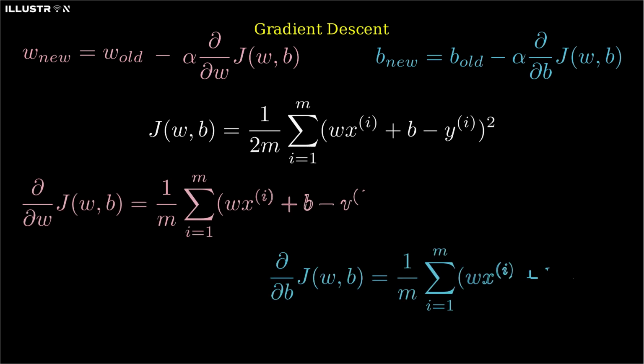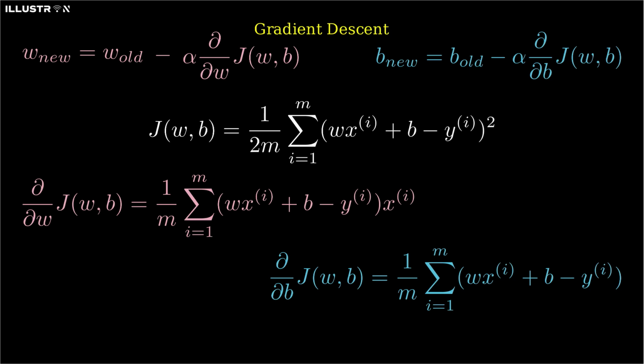To find the partial derivative of J with respect to w, we'll treat b as a constant and apply the power rule. We differentiate by reducing the power and multiplying it by the function and multiplying by the derivative of wx, which is x. Similarly, to get the partial derivative of J with respect to b, we'll treat w as a constant.